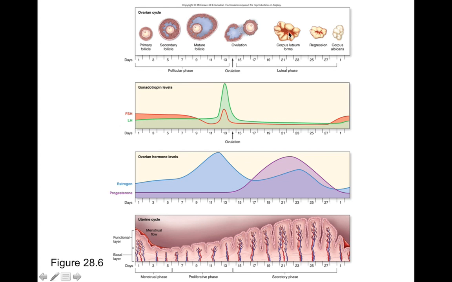But if fertilization doesn't occur, what happens to corpus luteum? It degrades into corpus albicans. And if you had to describe corpus albicans as something, what's it like? Scar tissue, right? And does it release a lot of hormone? No. And so as it decays, then progesterone levels and estrogen levels also fall. And so once progesterone and estrogen levels get low, what's the effect of that on the brain?